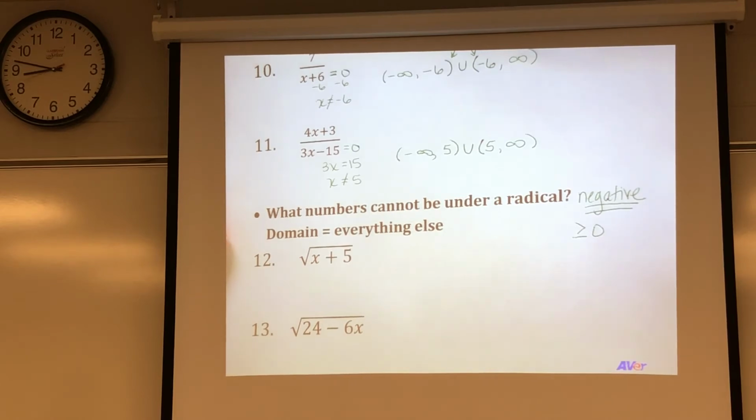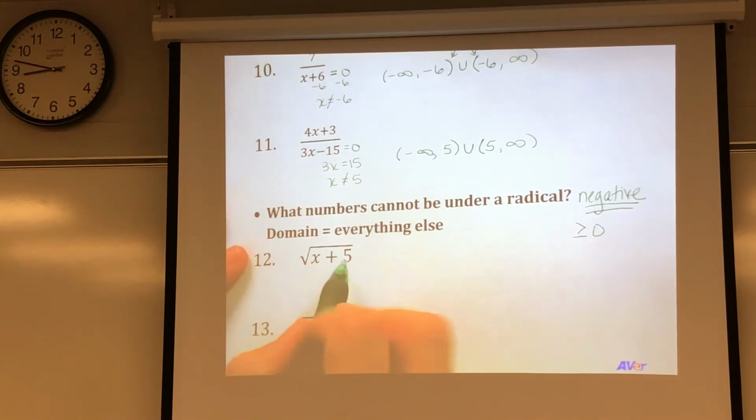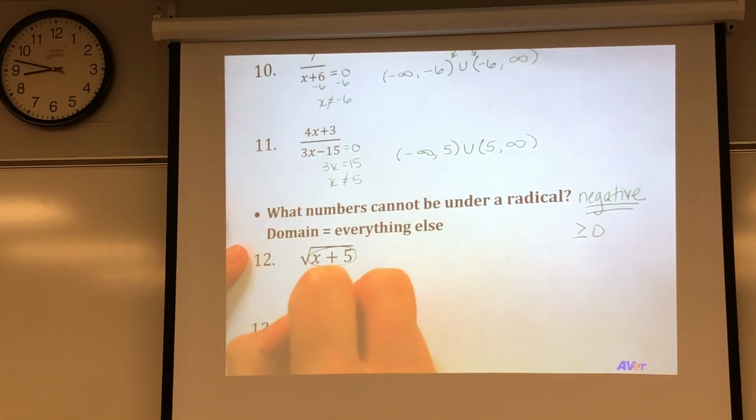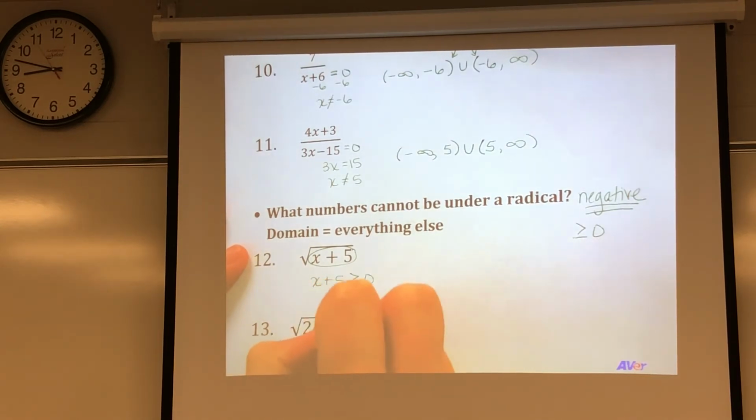So to figure out what the bad numbers are, we take our radicand, the part that's under the radical, and set it greater than or equal to 0. Solve for x. We find out that x has to be greater than or equal to -5 in order for this radical to be true.